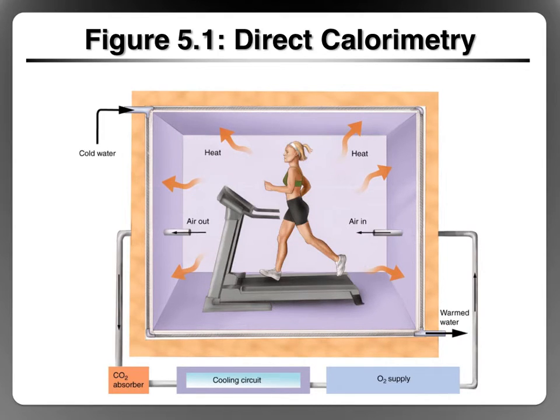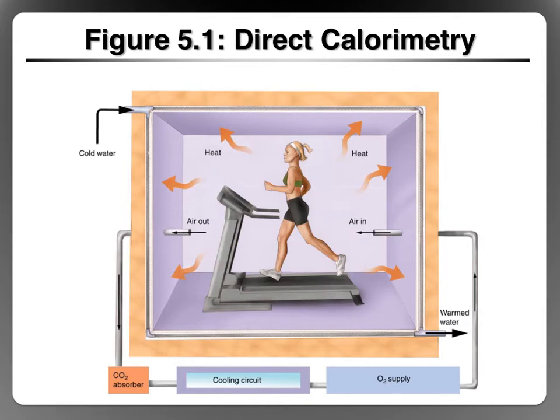It causes the body temperature to rise. So we may not capture all the heat, so we could underestimate caloric expenditure that way. Another problem is if you're on a piece of exercise equipment, the equipment itself is going to be liberating heat, and so that is going to throw off our calculation.